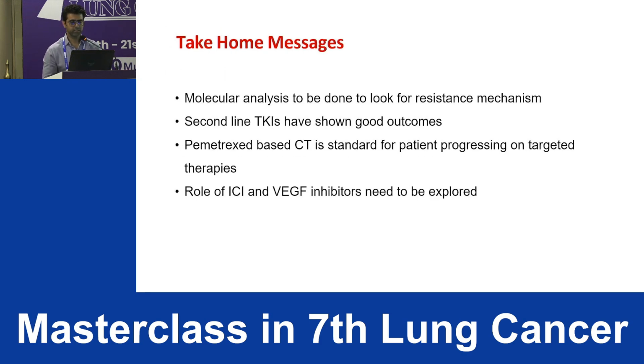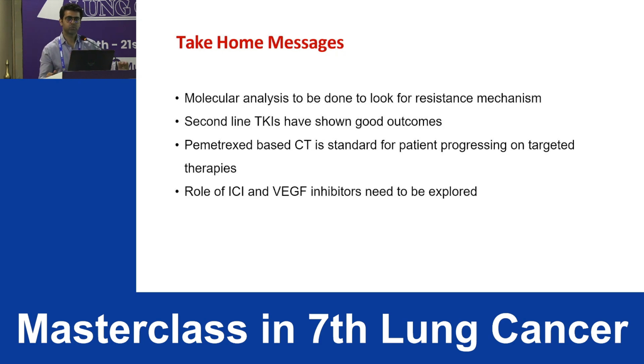So, take-home messages. For all patients with ROS1 positive advanced NSCLC who have progressed on prior lines of therapy, molecular analysis has to be done. It can be in the form of tissue NGS or liquid biopsy to look for the resistance mechanism. The second line TKIs, especially repotrectinib and taletrectinib, have shown good outcomes, and they have better blood-brain barrier penetration as well.